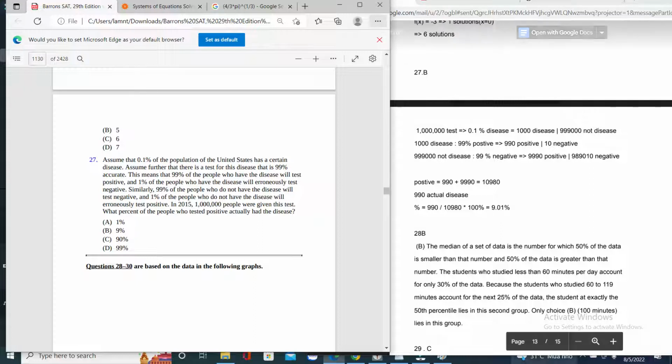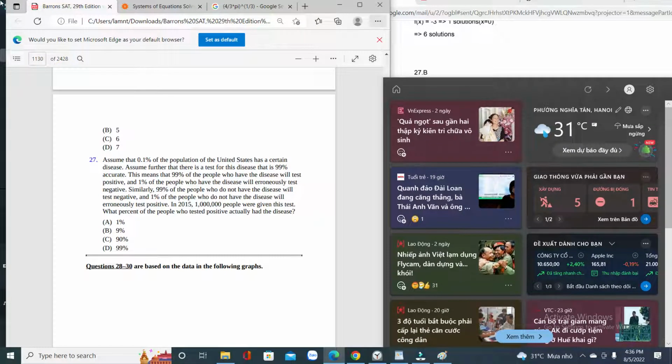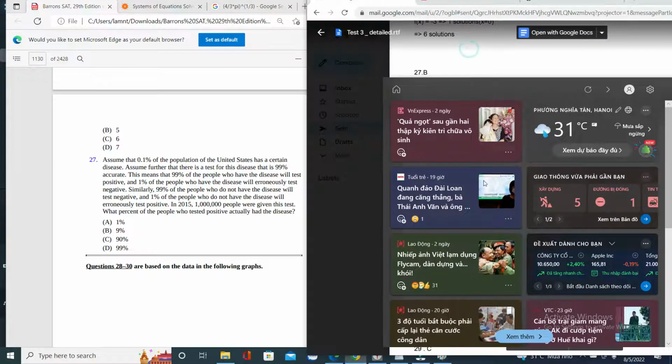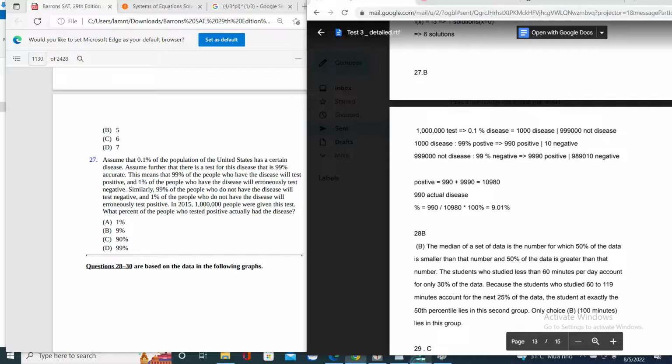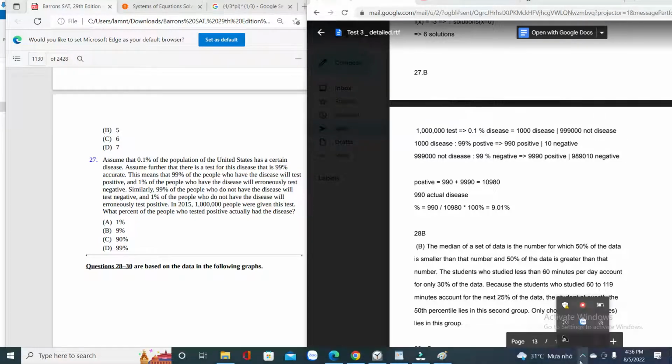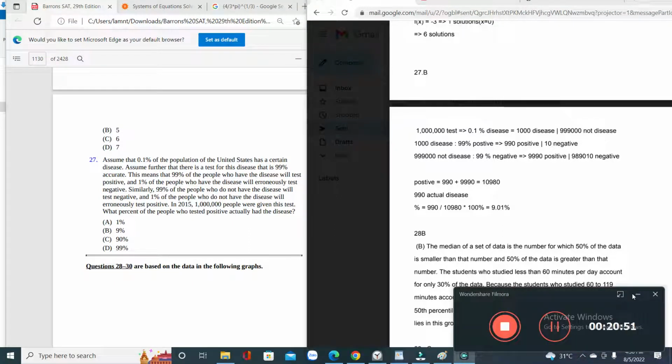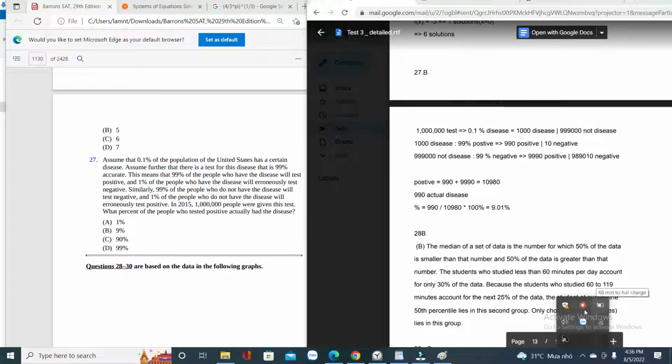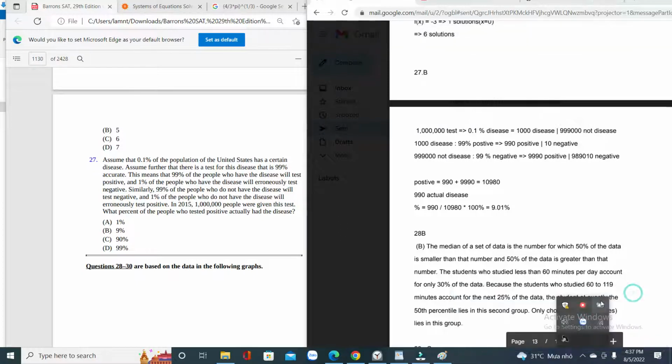That's from the assumption, right? But inside the section with 1,000 disease cases, we have 99% positive, right? Because 99% of the tests are accurate. So we have 990 positive with 10 negative, which corresponds to 1% negative.